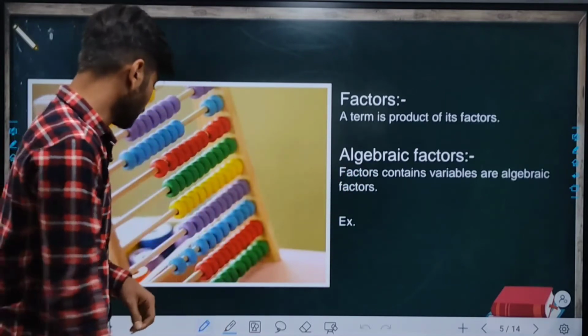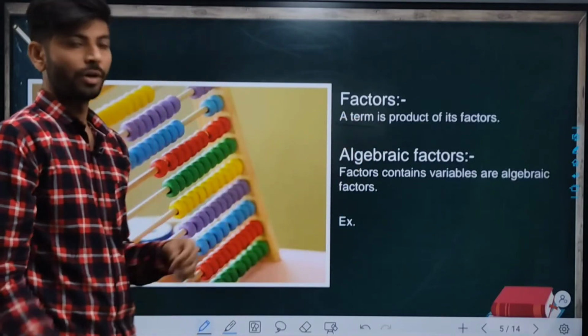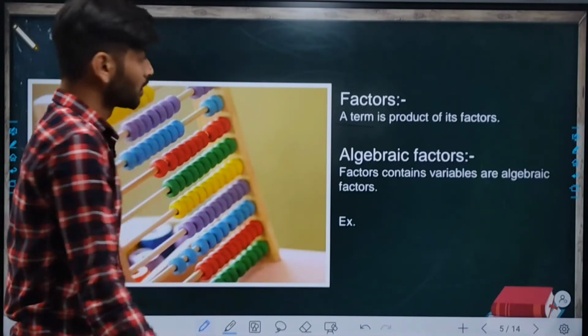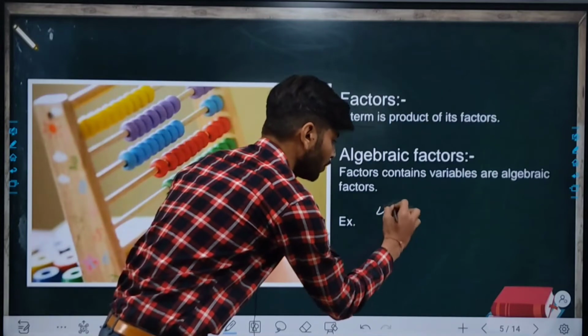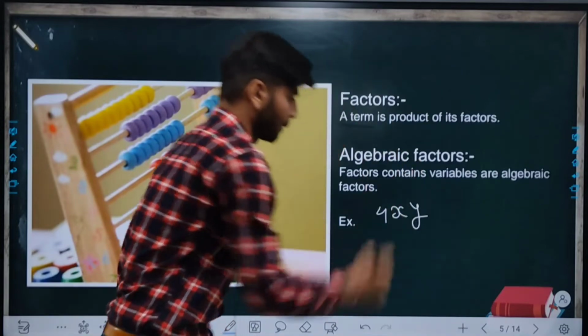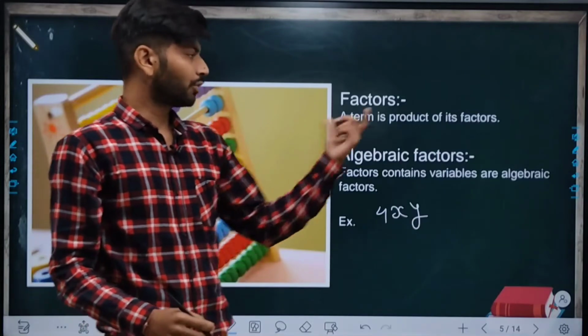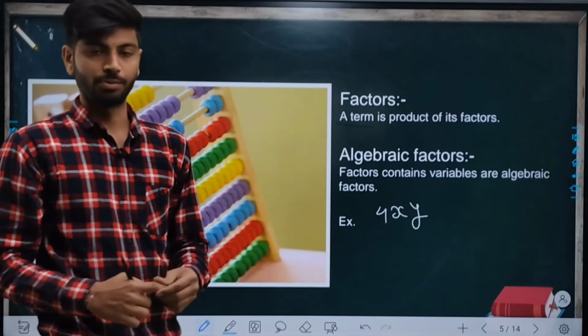So first of all, we should have the term. Let's write one term, 4xy. We have one term, 4xy. So we have to write the factors of this term. So what are the factors of 4xy?